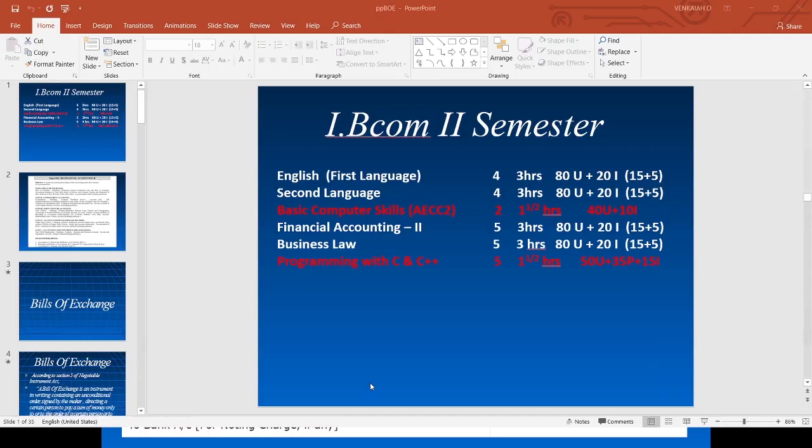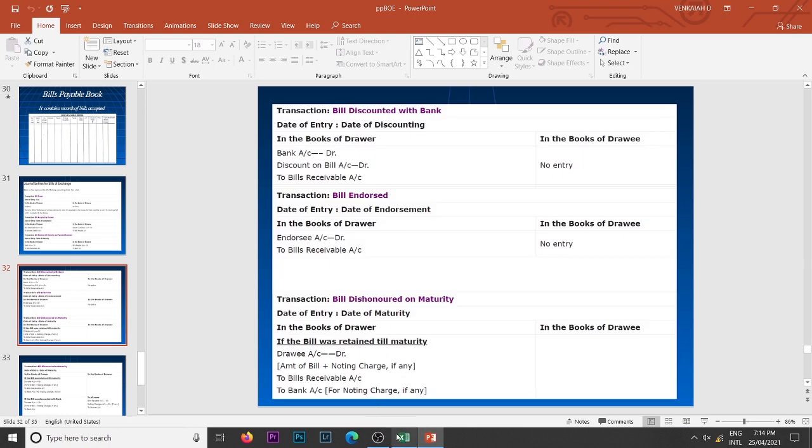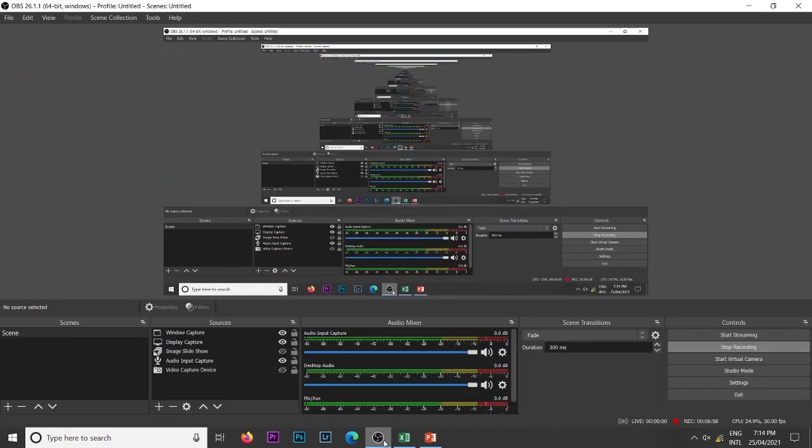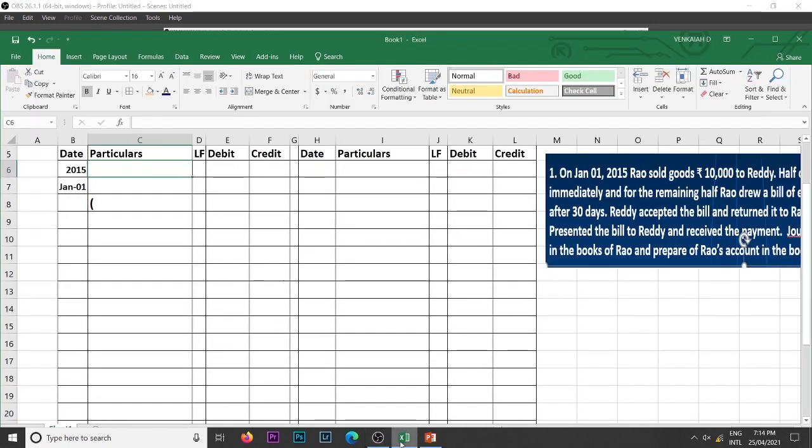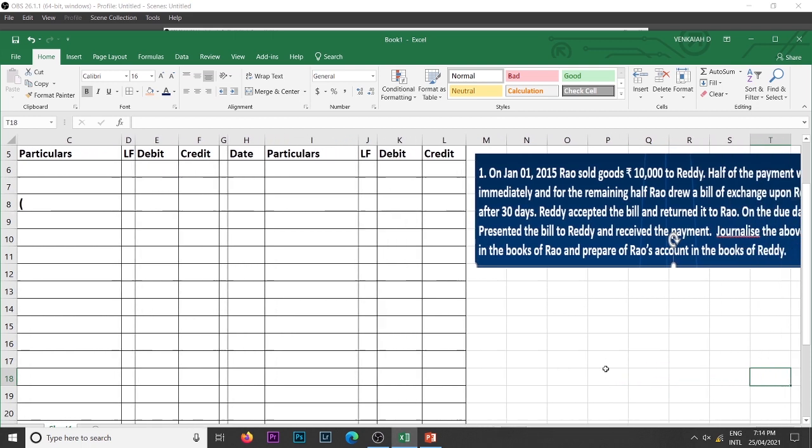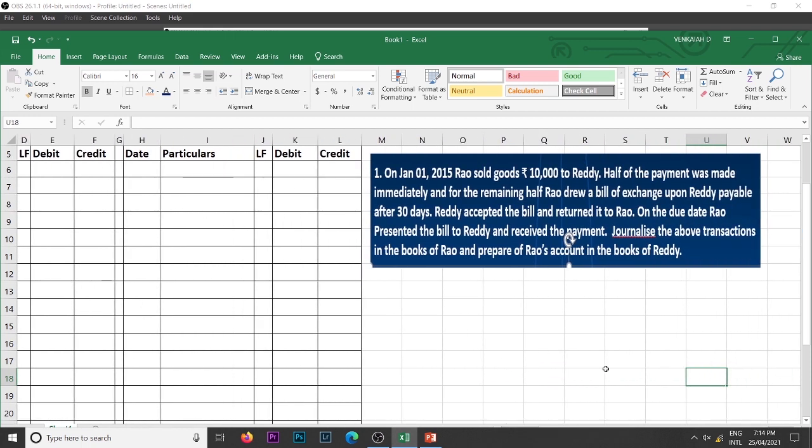You know. Now we are going to do a problem. Look at it; first we will understand the problem. In the problem itself, we first have to understand the parties in the transactions. Then their actions.